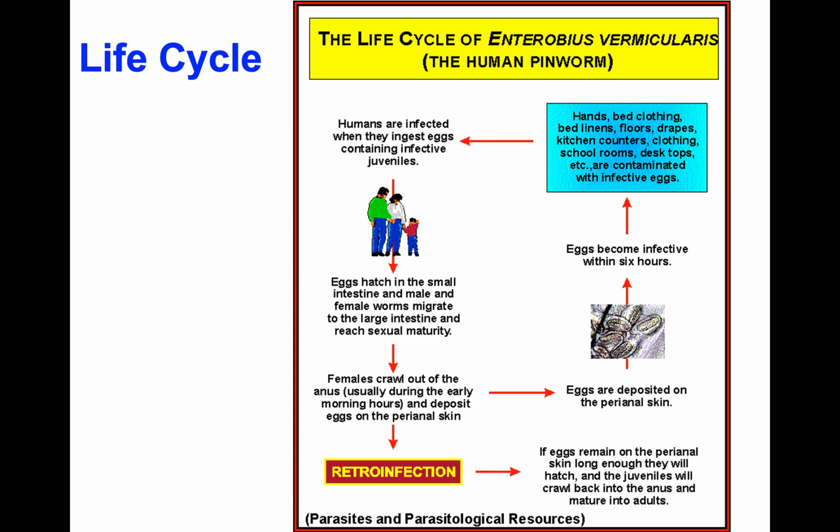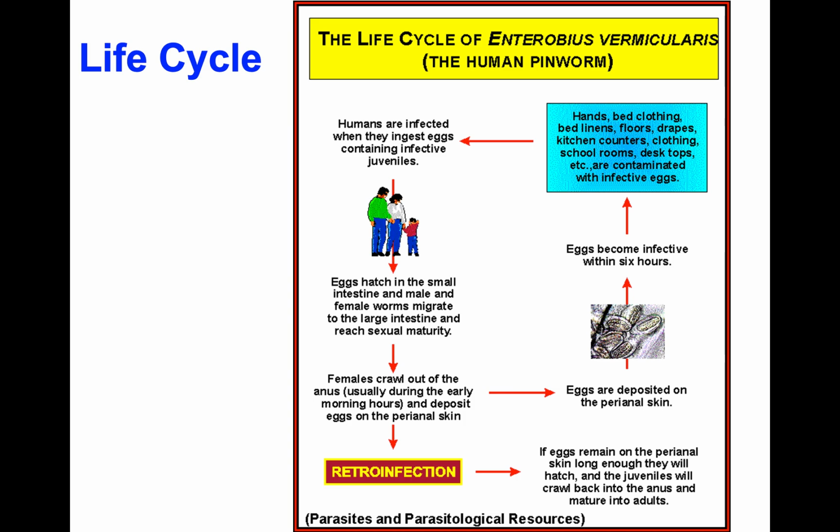Next, we are going to talk about the life cycle. We can see from here that humans are infected when they ingest eggs containing infective juveniles, and the eggs hatch in the small intestine, and female worms migrate to the large intestine and reach sexual maturity, and then the females crawl out of the anus, usually during the early morning, and deposit eggs on the perianal skin.